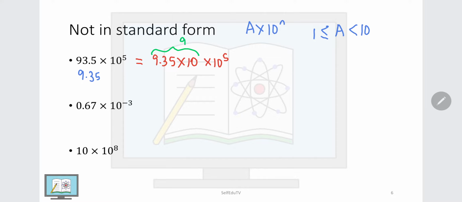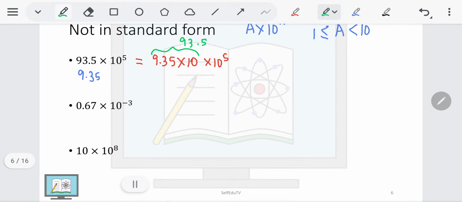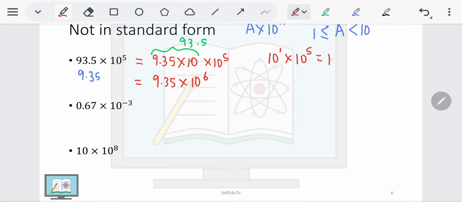Next, to express it in standard form, you combine 10 and 10 to the power 5 by using the law of indices. Try to recall: 10 to the power 1 times 10 to the power 5 equals 10 to the power 1 plus 5, which is 10 to the power 6.